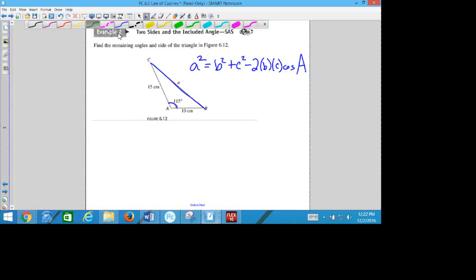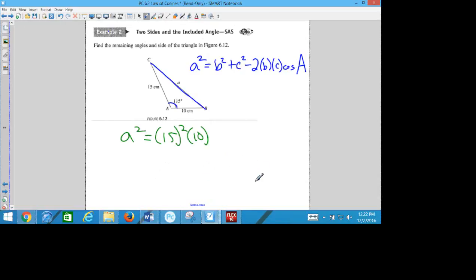So when I actually plug all this in, I'm going to have A squared, which I don't know, equals 15 squared plus 10 squared minus 2 times 15 times 10 cosine of 115.